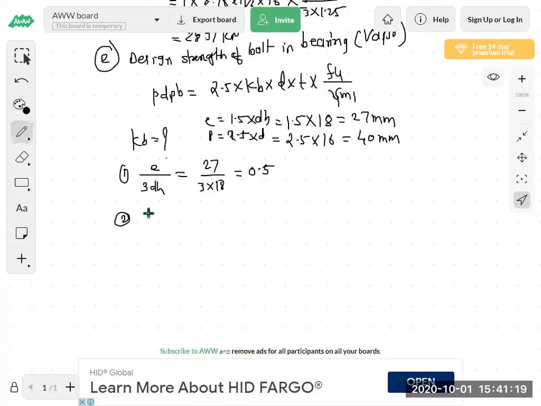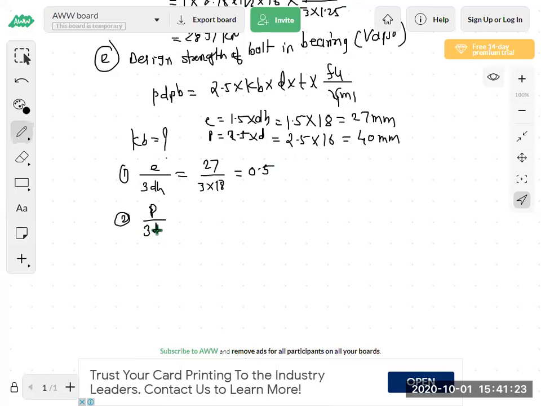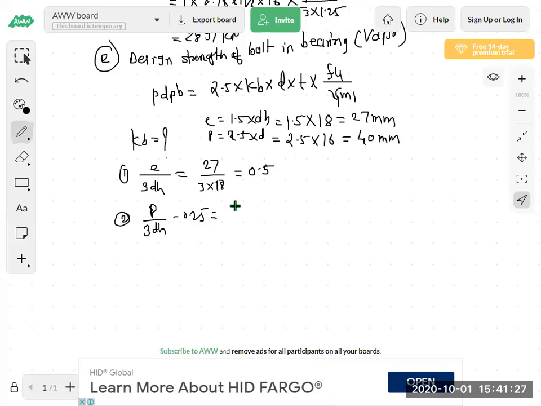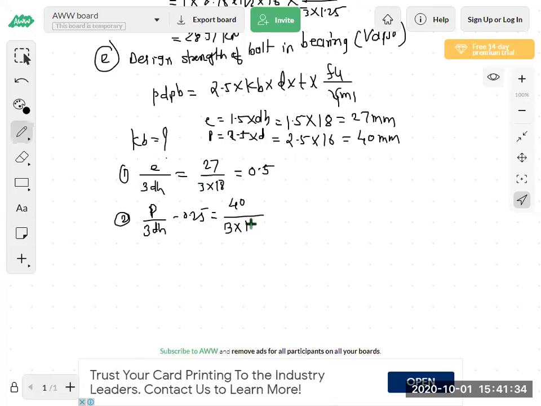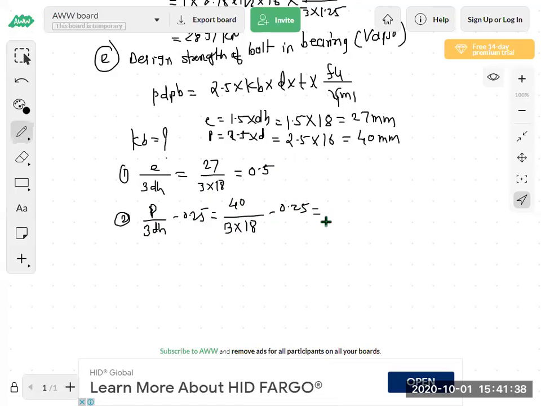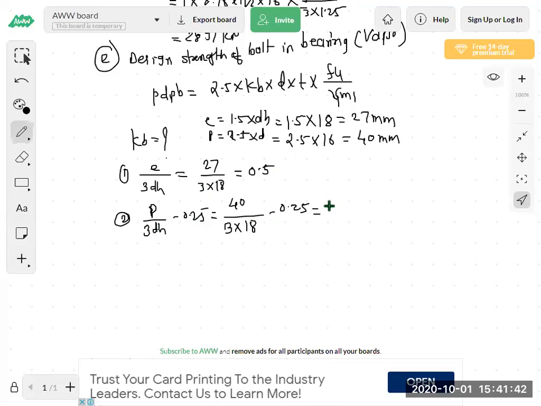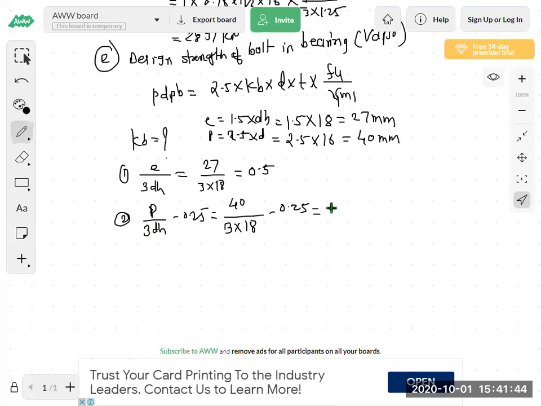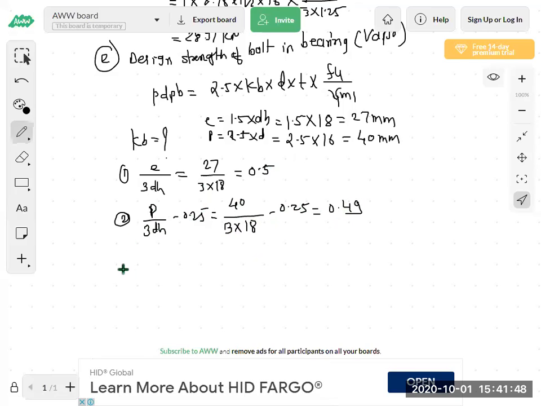Then second, p divided by 3dh minus 0.25. So p is 40 divided by 3 into dh, 18, minus 0.25. So how much is this? 0.49. Okay.